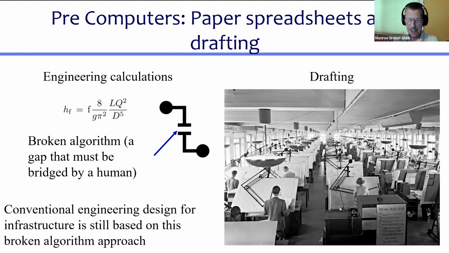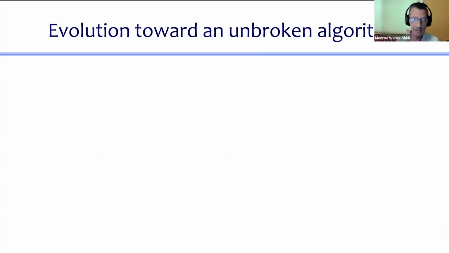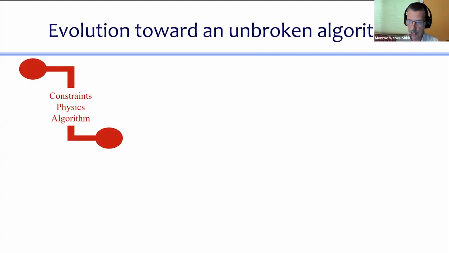And that's what I'm focusing on now as this broken algorithm that had to be bridged by a human, whereas indeed in those days, everything was done by humans. But that broken gap between the algorithm of the physics and the calculations being separate from drafting continues to this day. So I want to talk about this evolution toward an unbroken algorithm where we don't have that gap.